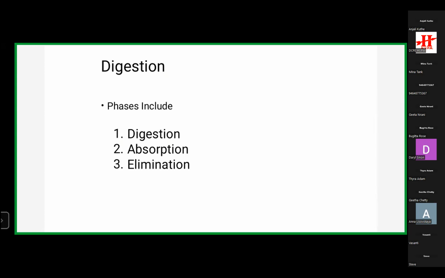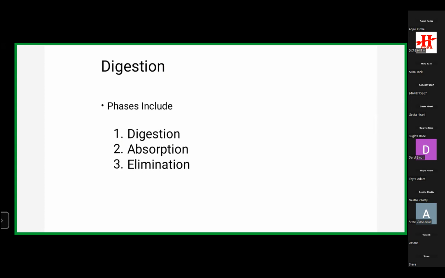So in the digestive system, various chemical processes continually act on our food, and the food gets transformed into a simple form so that our small intestine can easily absorb it.